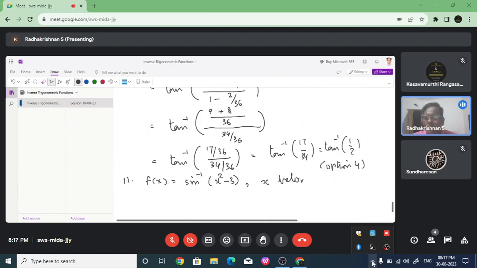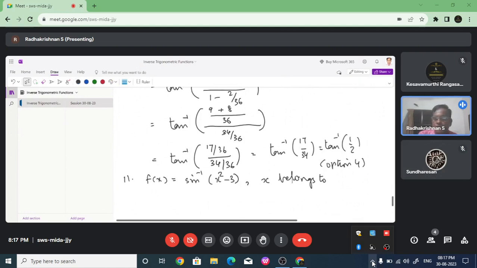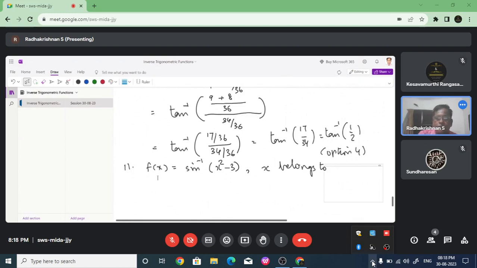Same way. We have done this kind of problem before. So you should do it now. So what will be your first step? Sir, minus 1 less than or equal to x square minus 3 less than or equal to 1. Correct, correct. So just put that and solve for x. That's all you need to do.